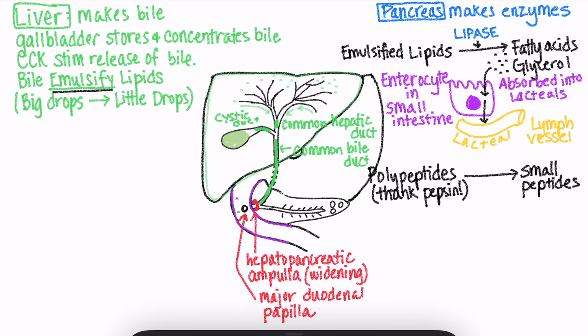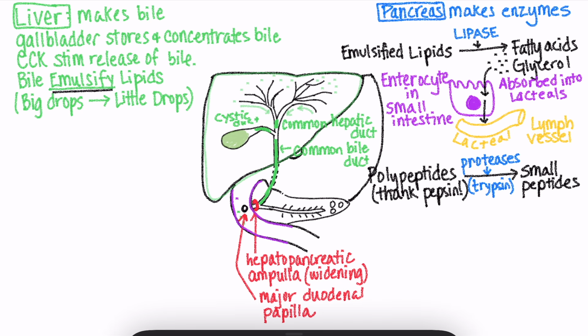Not yet down into amino acids, so they're not ready to be absorbed yet. And the enzymes that do this are called proteases. There are a variety of them. Probably the most famous is called trypsin. So I'll go ahead and write that one.